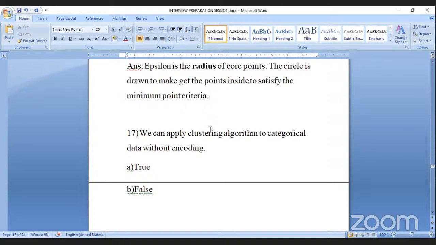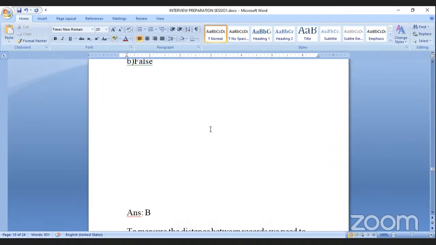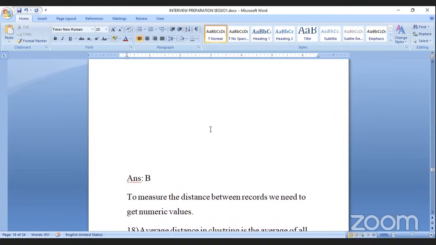You must try. False. False. Wonderful, friends. Good responses. So the answer is B, false, because to measure the distance between the records, we need numeric values.